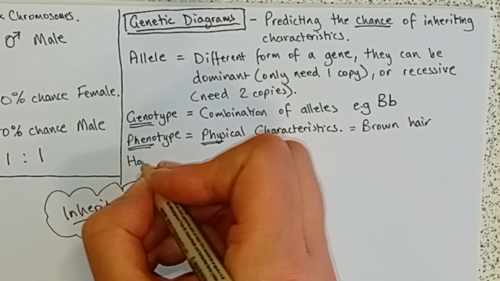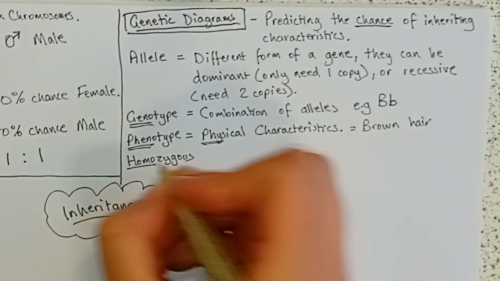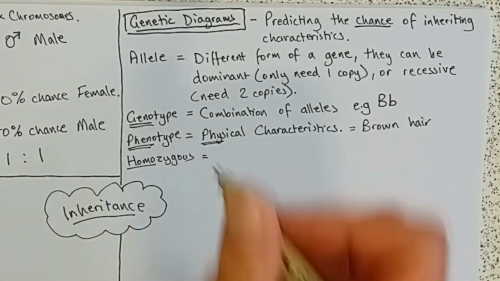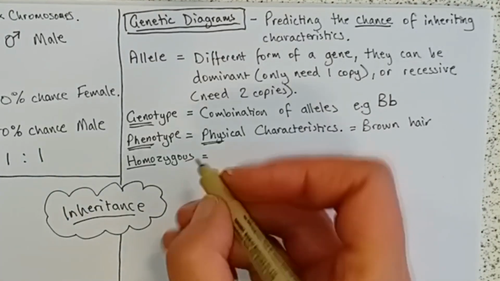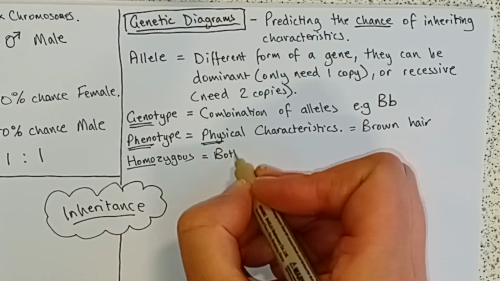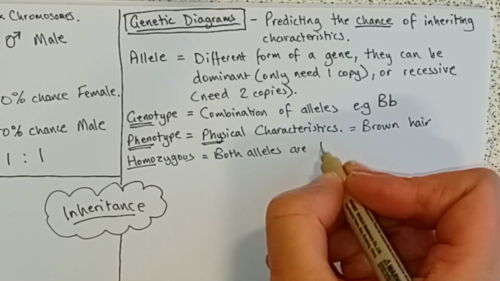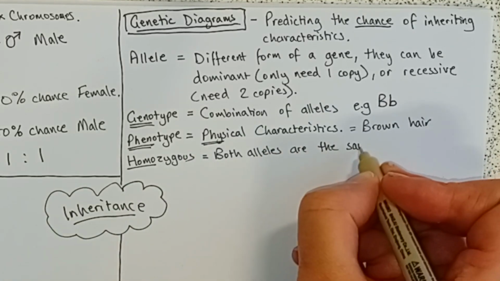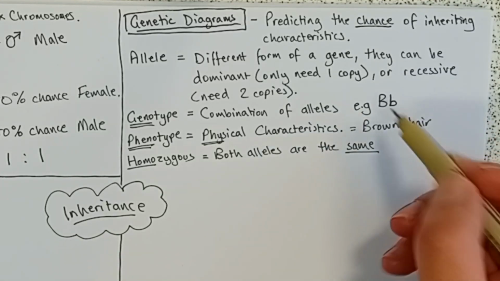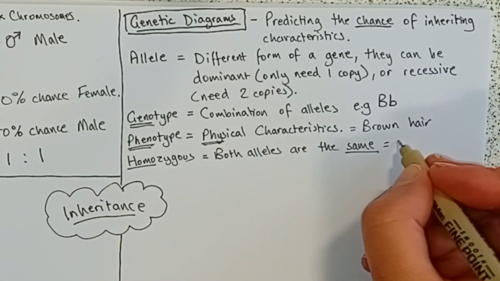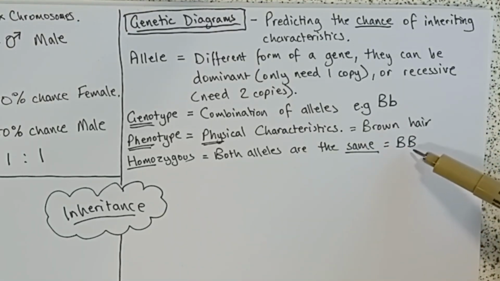2 more words we need to make sure we know then. One is homozygous. Homo means the same, which in this case means both alleles are the same. So for example, using this one again, if somebody had the genotype big B, big B, they would be homozygous dominant for brown hair.